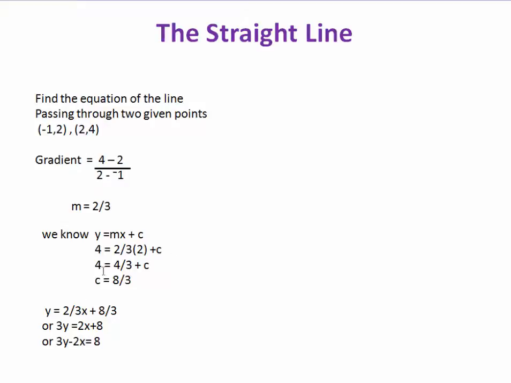Okay, so 4 equals 4/3, 2/3 times 2 is 4/3. 4 equals 4/3 plus c, and we can work out c by taking 4 minus 4/3, which equals 8/3. So our c equals 8/3. So then our equation becomes y equals 2/3 x, 2/3 being mx, plus our c, which is 8/3. If we rearrange, we get this, and if we rearrange again, we can get that. So all these are the equations for the line passing through the 2 given points.